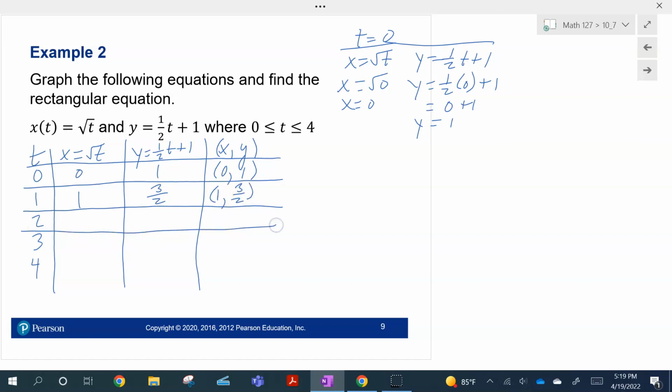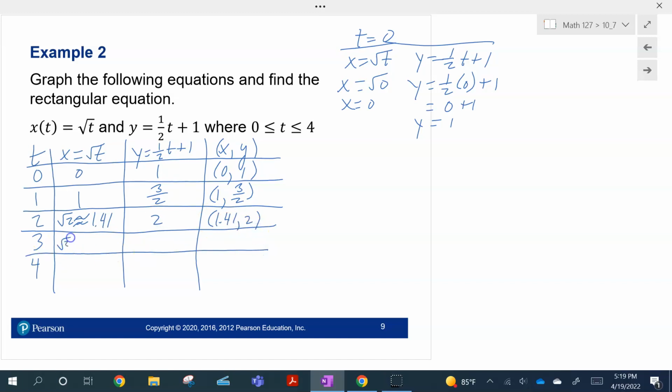And we're going to do it for 2. The square root of 2 is approximately 1.41. And then 1/2 times 2 is 1, plus 1 is 2. So I got 1.41 comma 2.